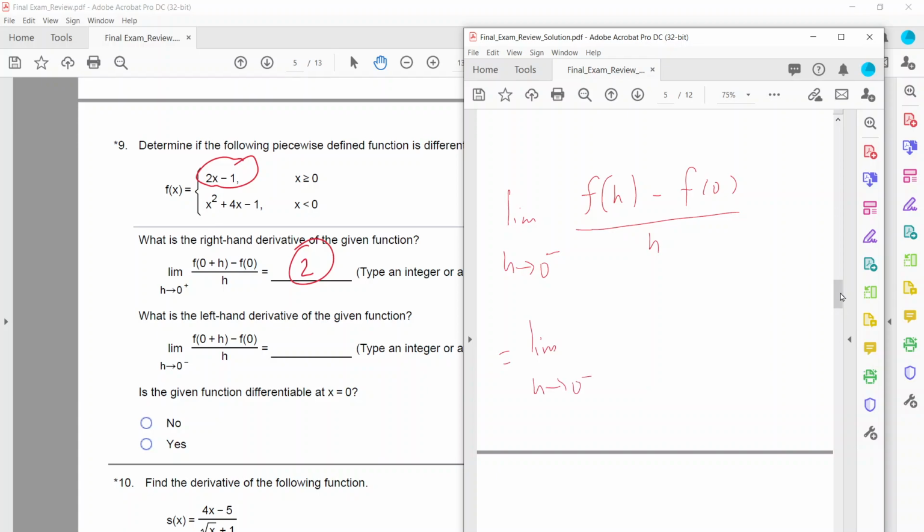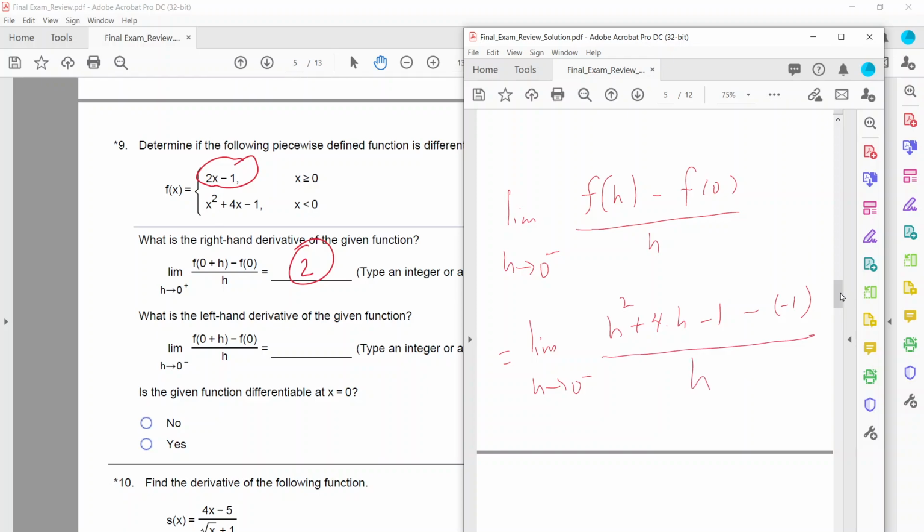For finding the value of f of h, we have to use the second part. So we replace this x by h, and that will be h squared plus 4 times h minus 1. And we already know the value of the function at 0, which is always negative 1.